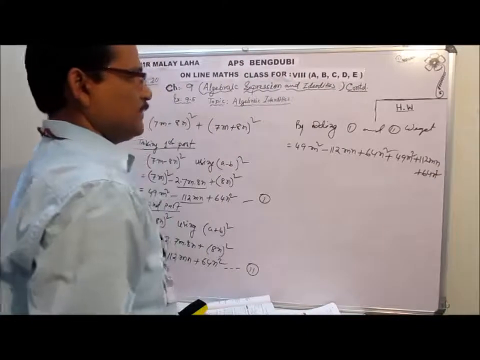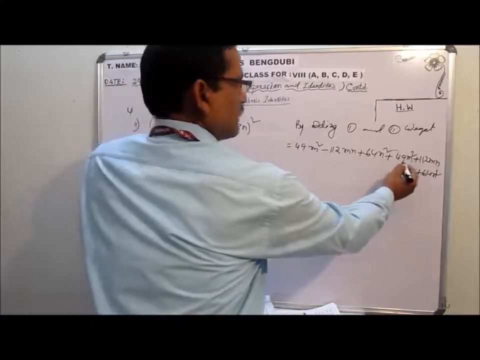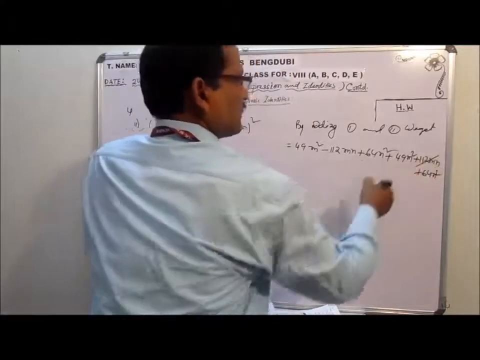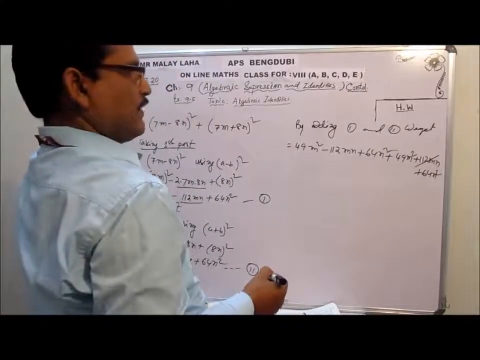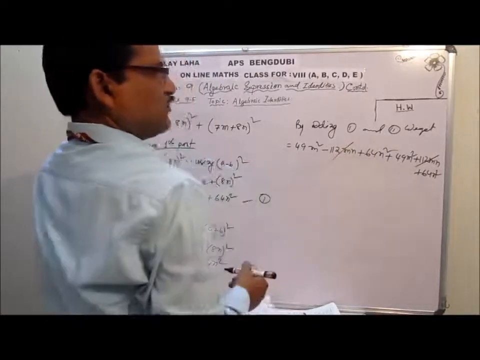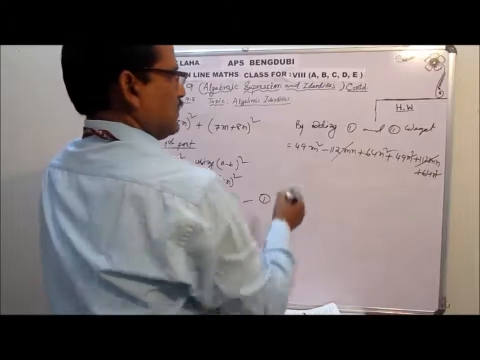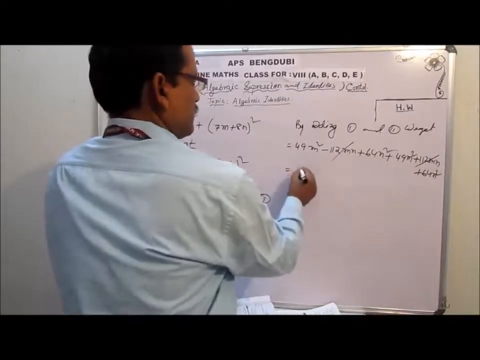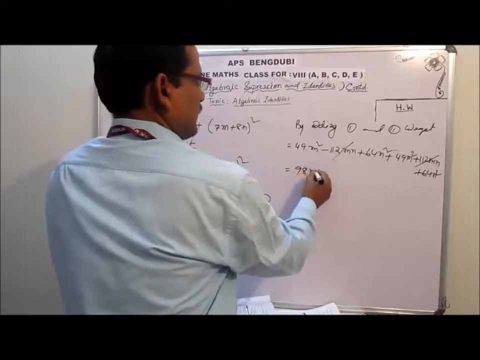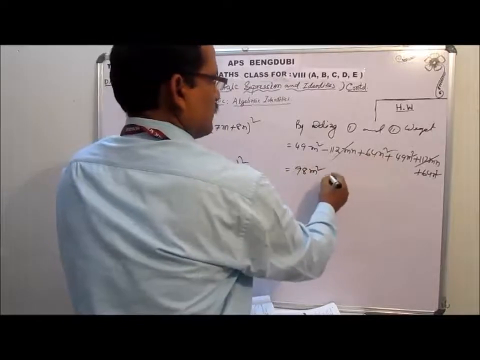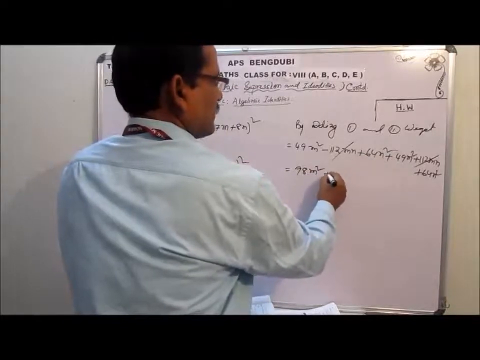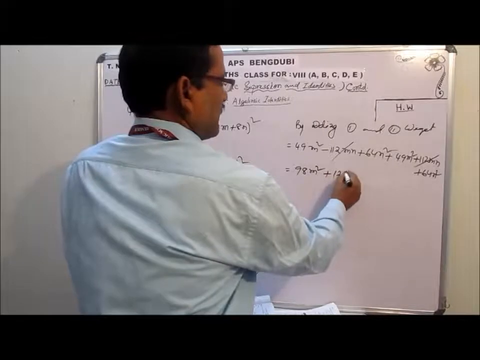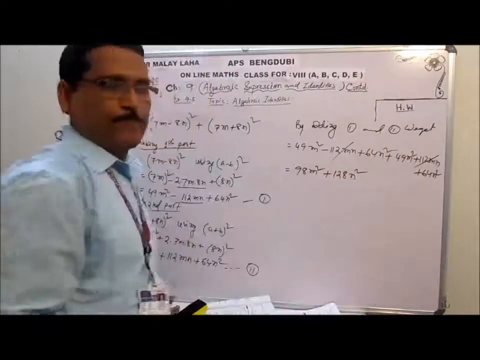You see here after adding this question, minus 112mn and plus 112mn are common, they get cancelled. So 49 and 49 is 98m square, and 64 and 64 is 128n square.